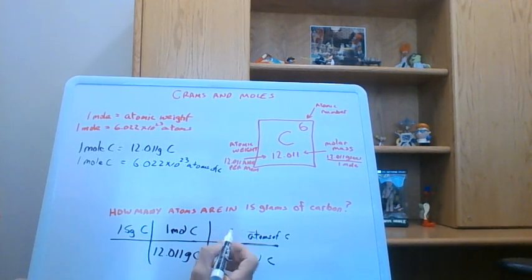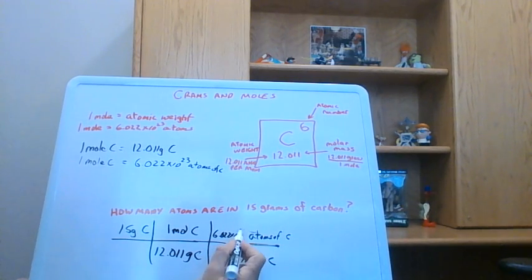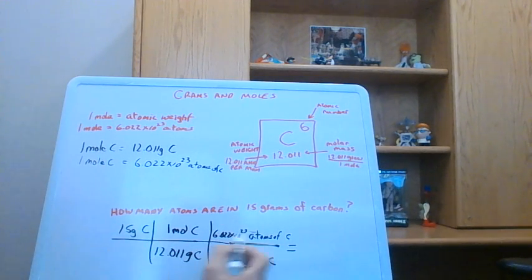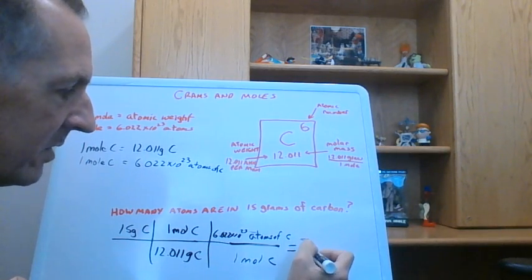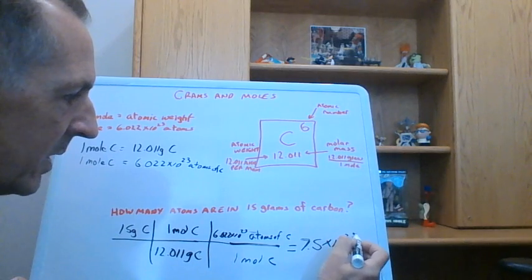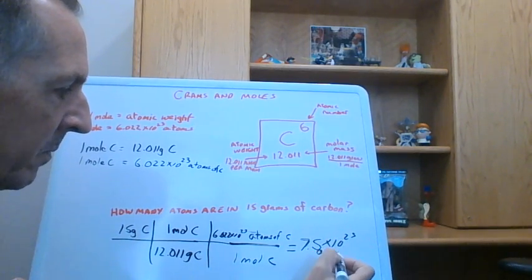So we can say that there are 6.022 times 10 to the 23 atoms of carbon in every mole of carbon. And so we can determine how many atoms of carbon are in 15 grams of carbon by doing this multiplication. So we multiply everything on top and divide by everything on the bottom, and you should get 7.5 times 10 to the 23 atoms of carbon.